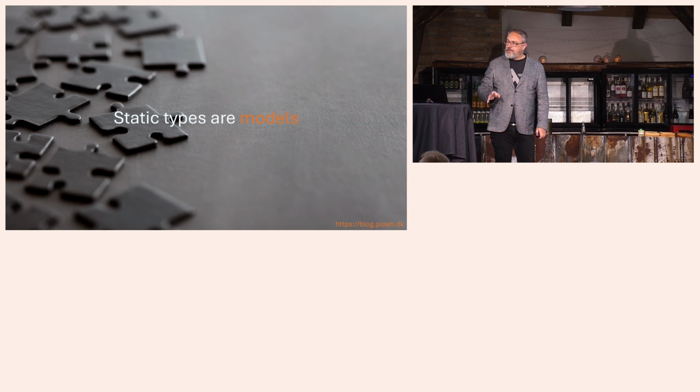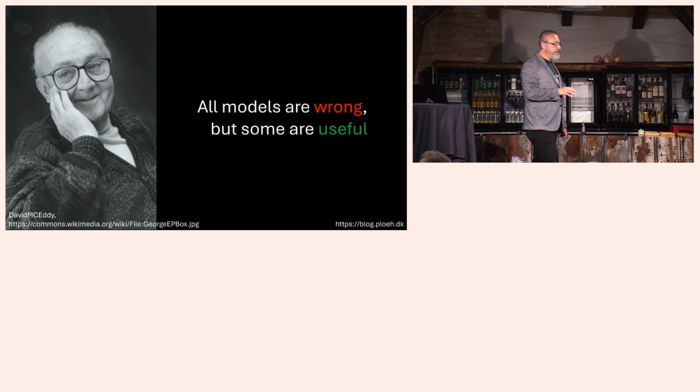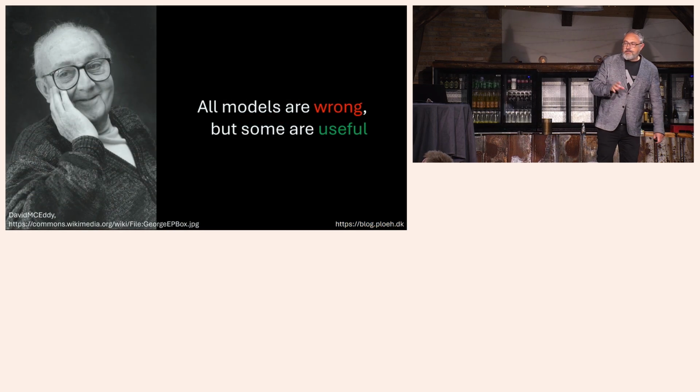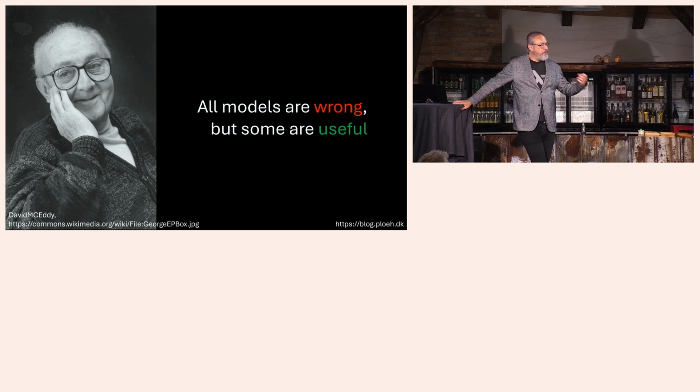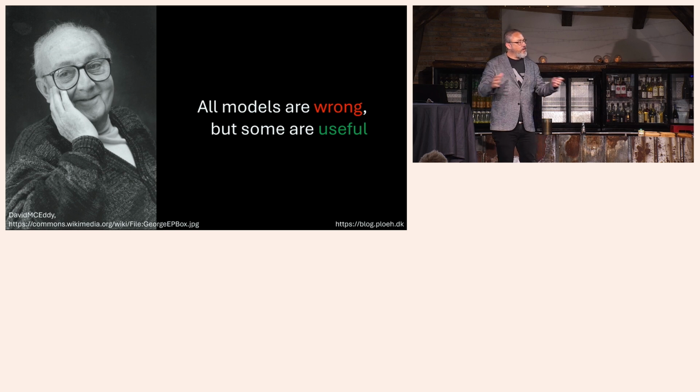Now, it doesn't mean that they're not useful, as George Box said about a completely different thing: all models are wrong, and some are useful. So if you still, after you've heard this tirade about whether or not you should use static types for your database access, decide, I still like to have my types, I want to use my object relational mapper, that's fine. This is a talk about alternatives.